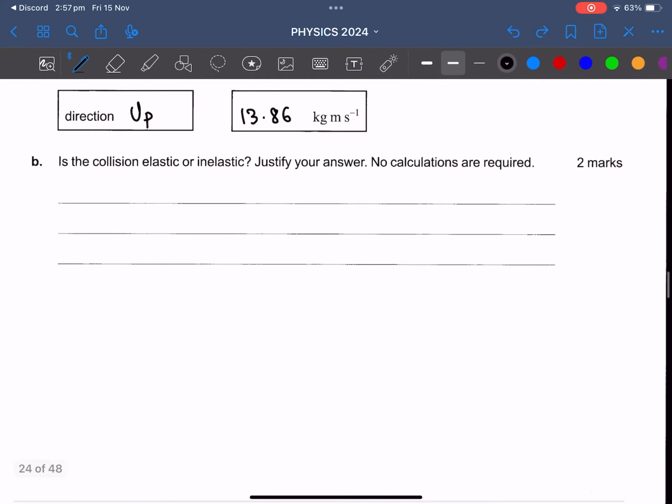In the collision, is the collision elastic or inelastic? Justify your answer. No calculations are required.